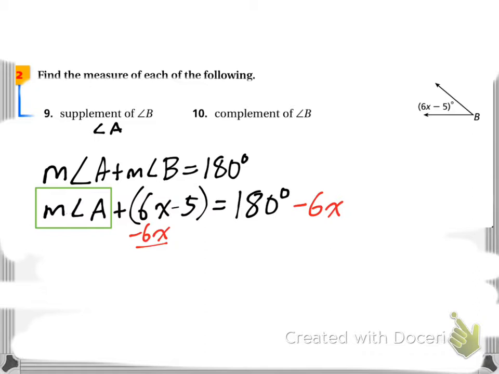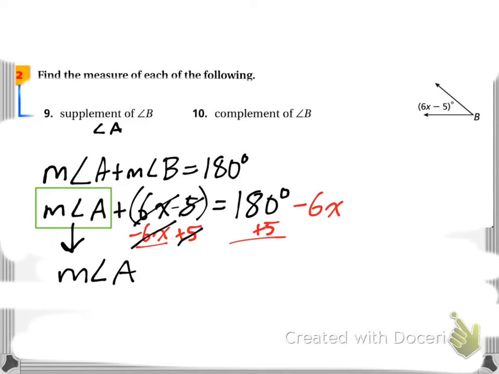What else can we do? How can I get rid of a minus 5? I can add 5 to both sides. Okay, so I'll add 5 to both sides. On the left side of the equation, what are we left with? We're left with the measure of angle A. We've got these to cancel out.